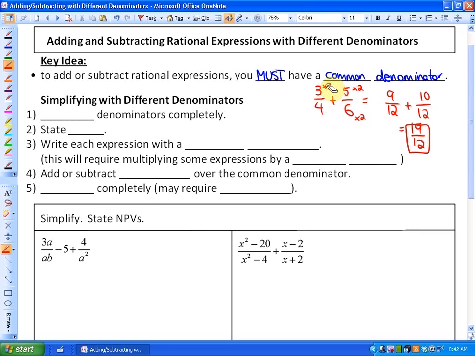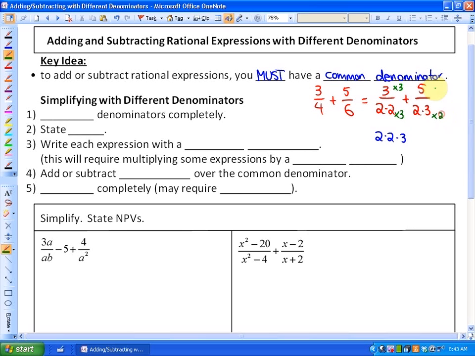In the case of rational expressions, probably what we're going to notice is it's often more difficult to determine what our common denominator is going to be and then to simplify. So one thing that we're going to look at is factoring completely. So in the case of 3 over 4, we could have made it 3 over 2 times 2 plus 5 over 2 times 3, and you can notice that we could make both of our denominators 2 times 2 times 3 if we just decided to multiply the first fraction by 3 and our second fraction by 2.